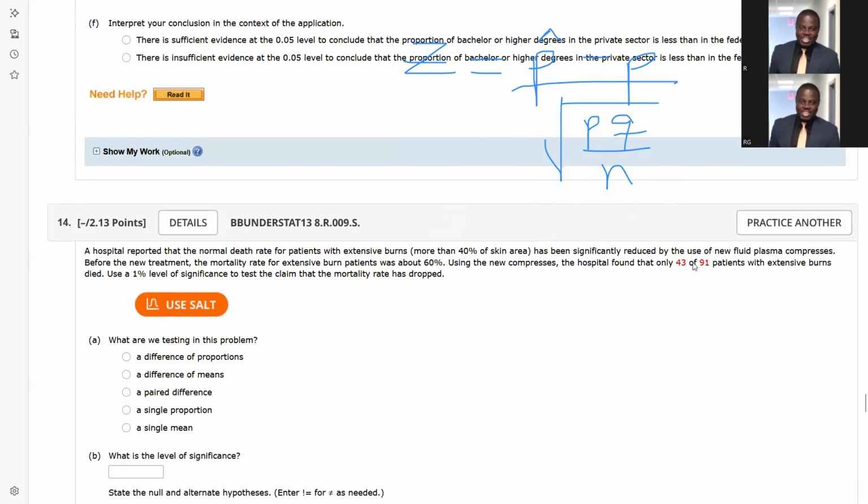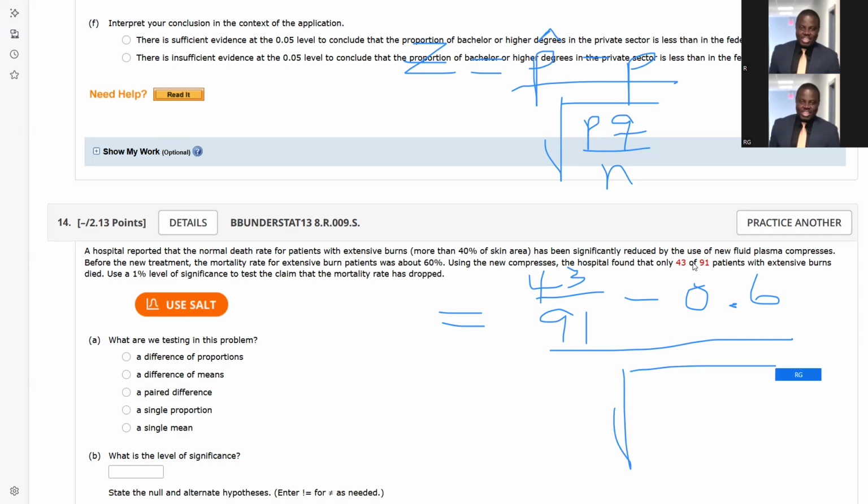Let's see what you get. Now, you don't want to do a short rounding, so you should probably do 4 decimal places or 5 decimal places. So I'm going to have Z equals my P hat, 43 over 91, minus my P, which is 0.6. That is what I use for my hypothesis, the null, and then the alternate. And then at the bottom, I have a square root. Now, everything here is under the square root.